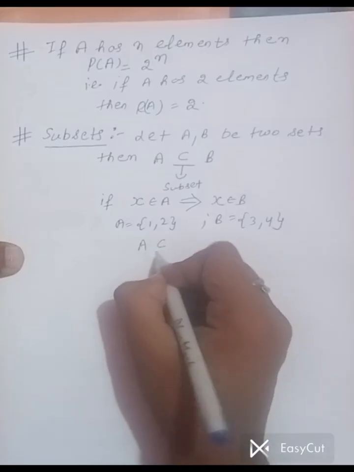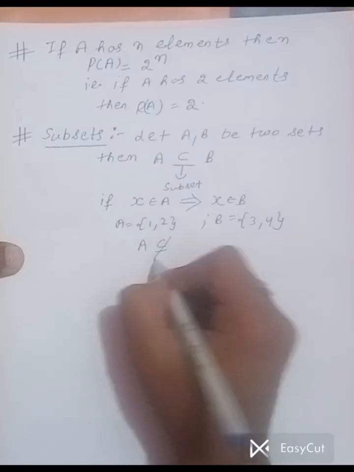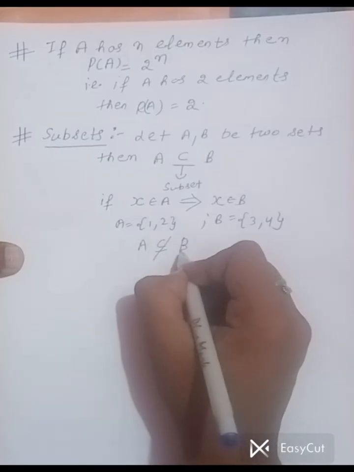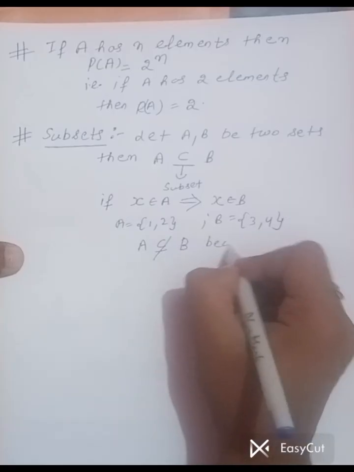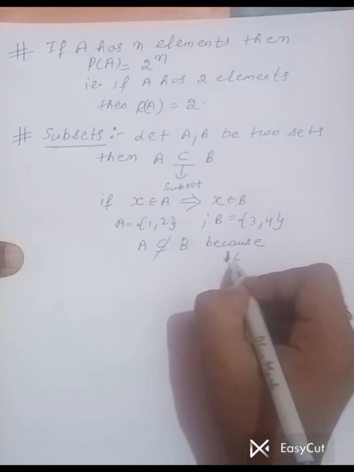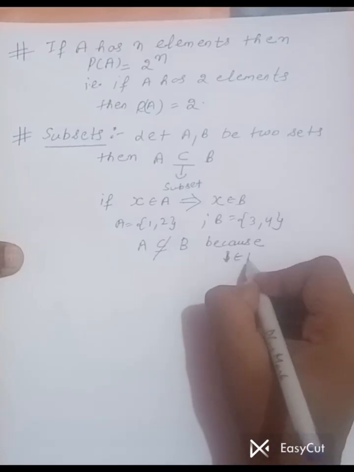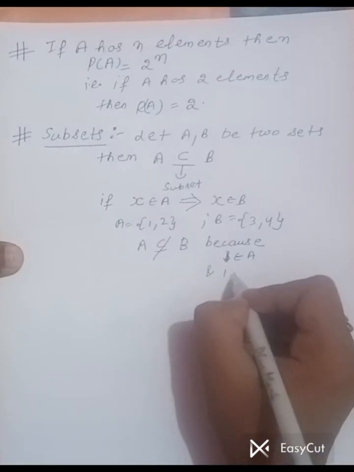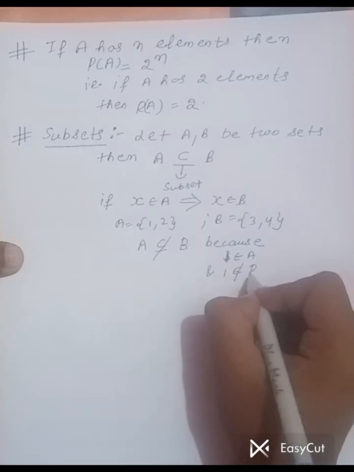Then A is not a subset of B because 1 belongs to A and 1 doesn't belong to B.